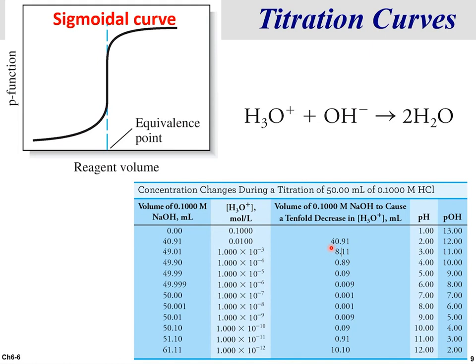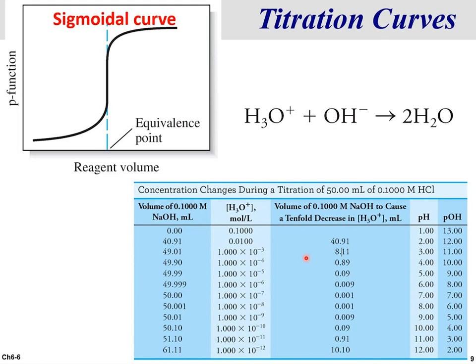So in order to increase the pH of this solution from 1 to 2, we're increasing it by 1 pH unit, but that corresponds to a 10-fold change in the concentration, because pH is a logarithmic scale, right?